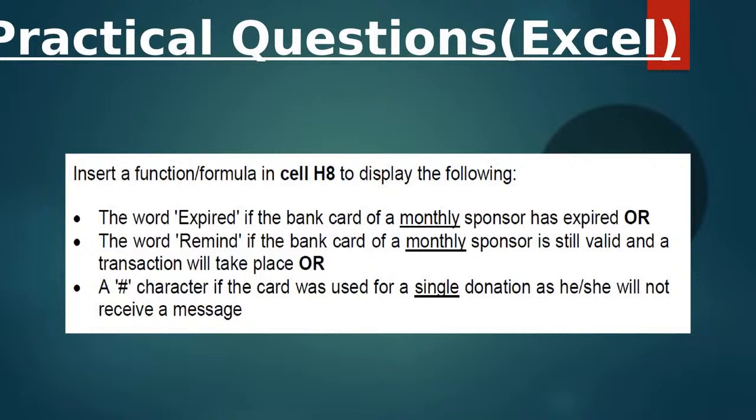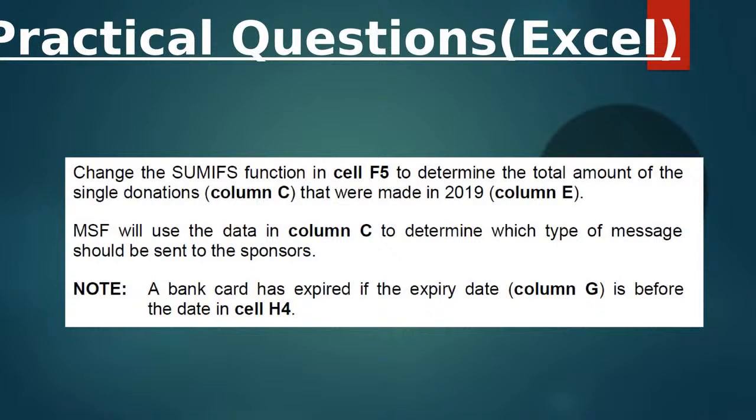So you would have, like I said, your nested if with the word expired showing if it meets that criteria, remind if it meets that criteria. And remember, if it doesn't do any of that, then it must show the hash character. I hope you guys are starting to see. Just by me reading through this, I can already work out what they are asking me to do.